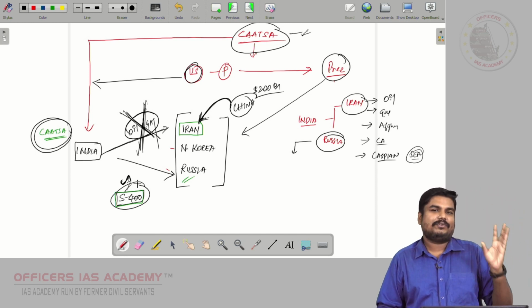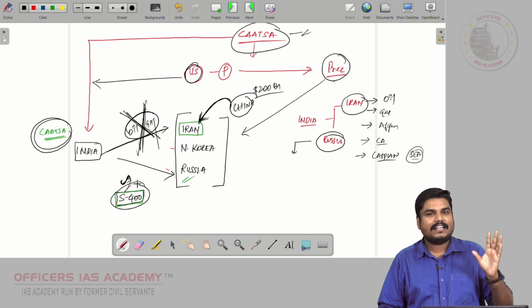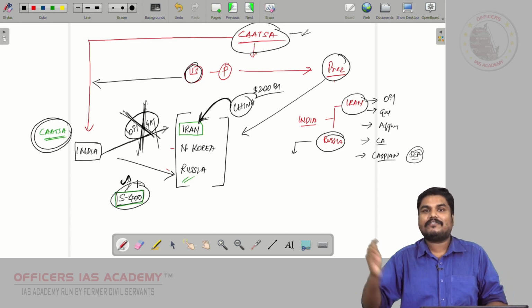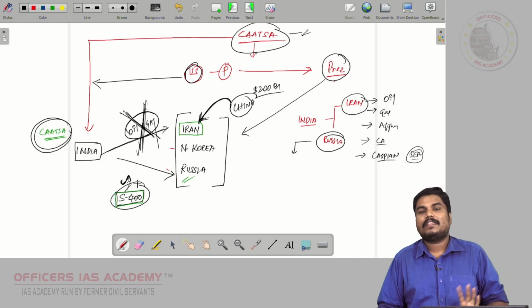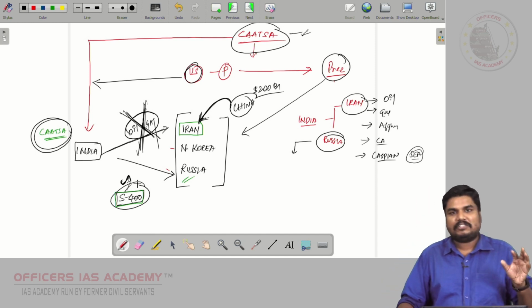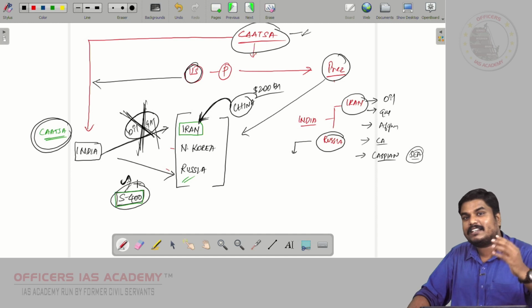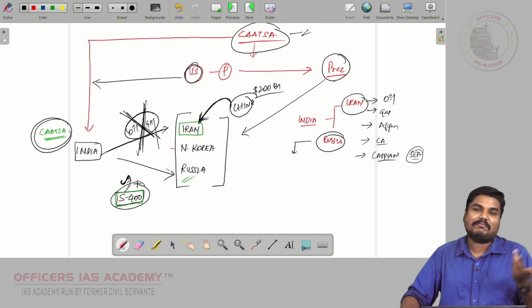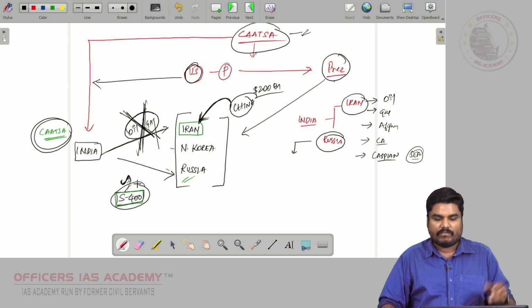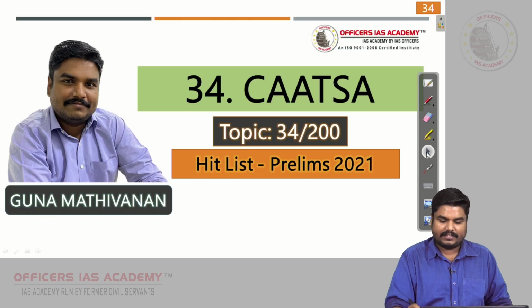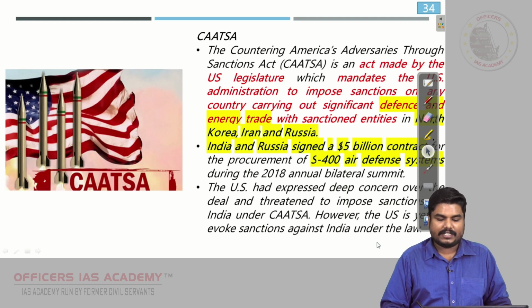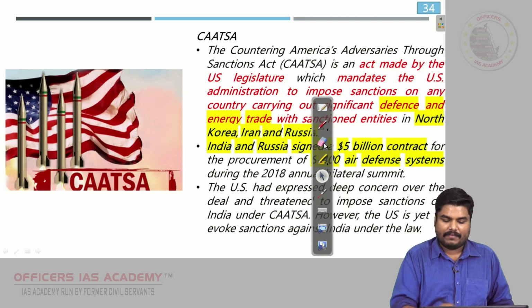So, USA is remaining silent on our purchase of S-400 from Russia, but it is keeping us in some tension, in an uncertain situation, that anytime CAATSA can be imposed. Are you clear? These are the points related to CAATSA. Alright.